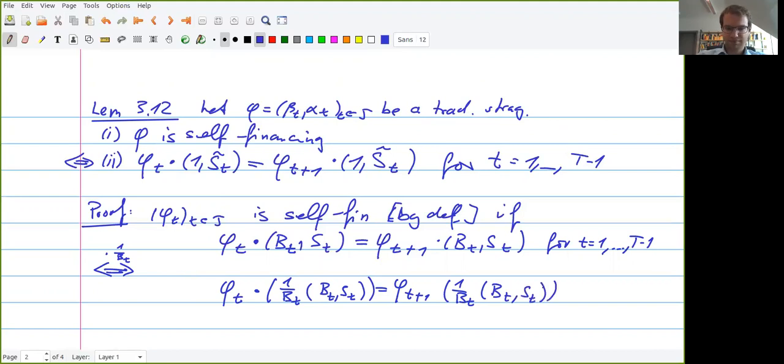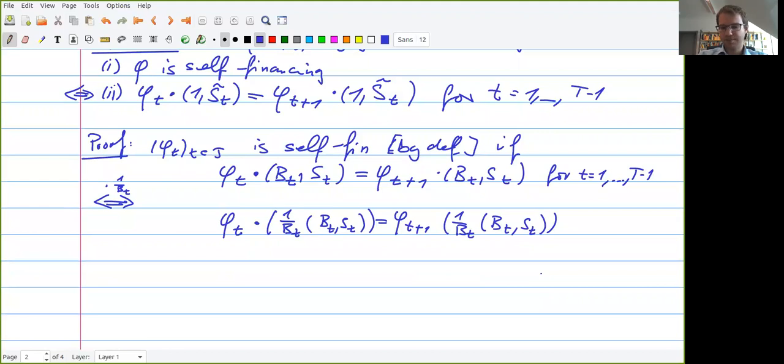Well, and what we observe here is just the discounted price process. So if we reformulate this, this is it. Okay, so the condition of still being self-financing can be equivalently reformulated in terms of discounted objects, or with respect to discounted value processes or discounted price processes.